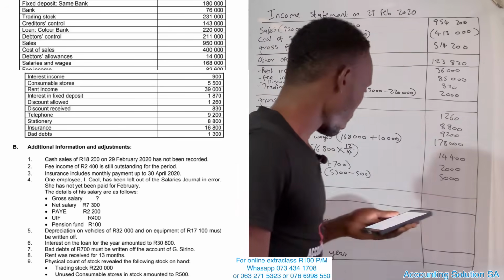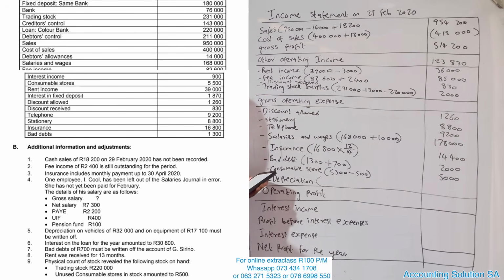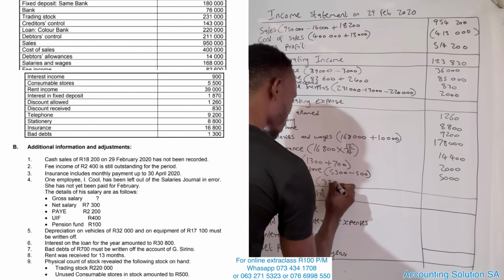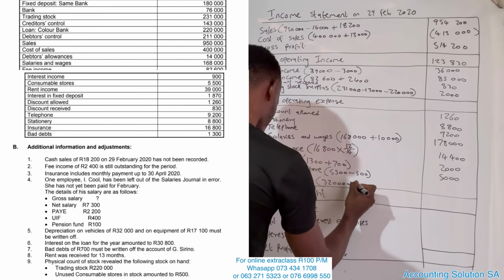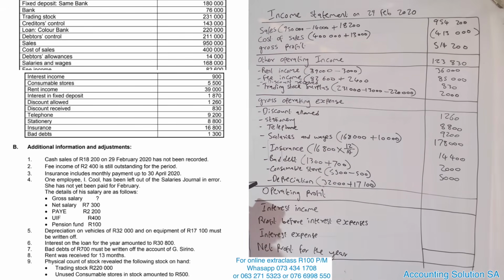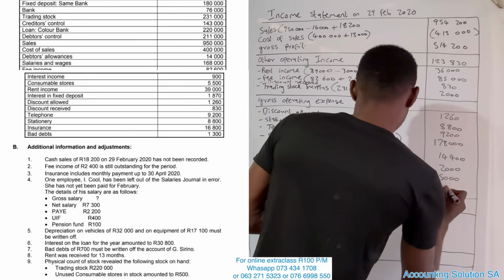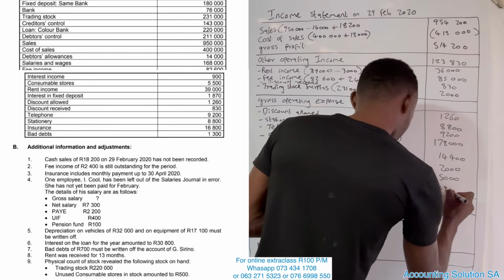Okay, now depreciation here they were given. They say that for vehicle is 32,000 plus equipment of 17,100, and this will give us an answer of 49,100.